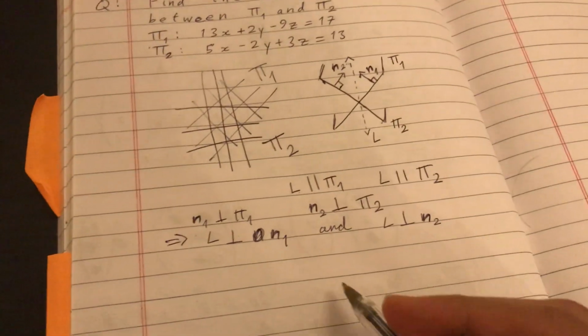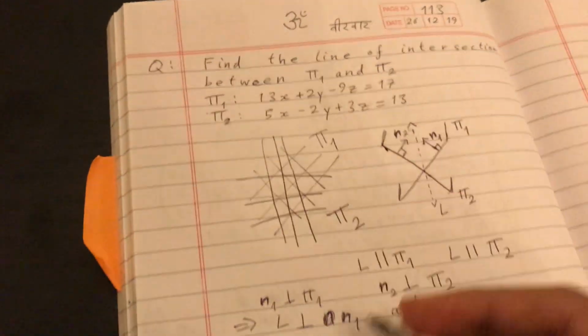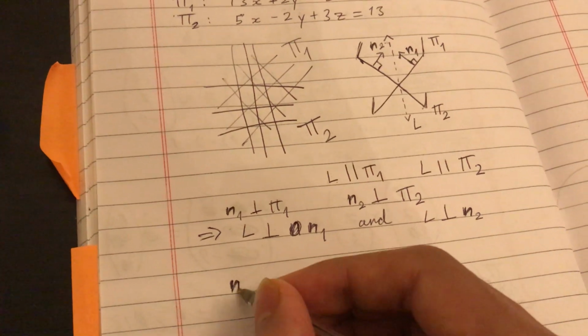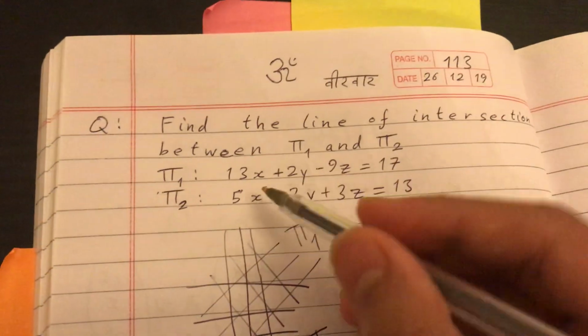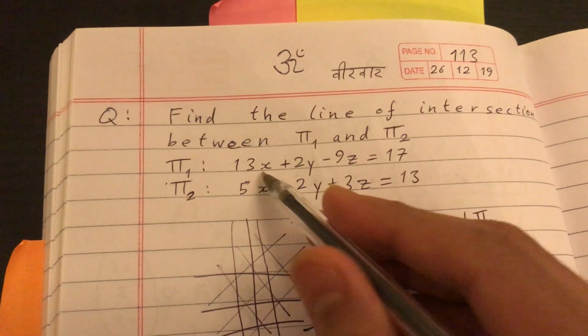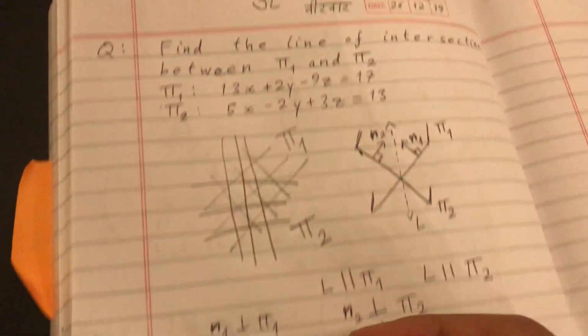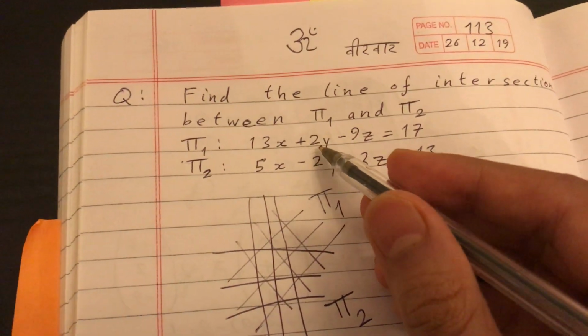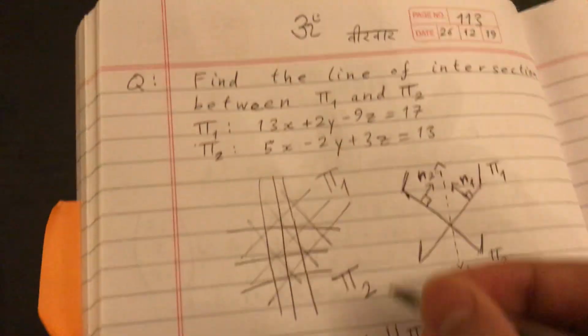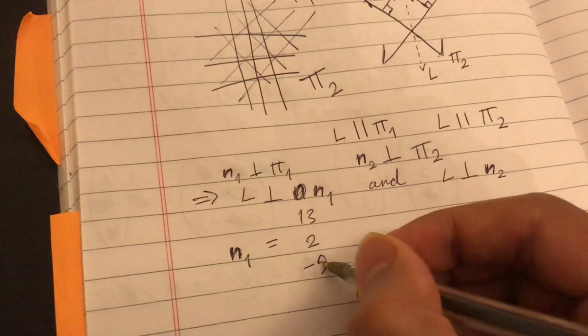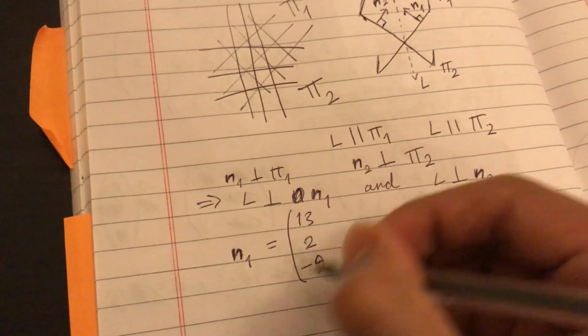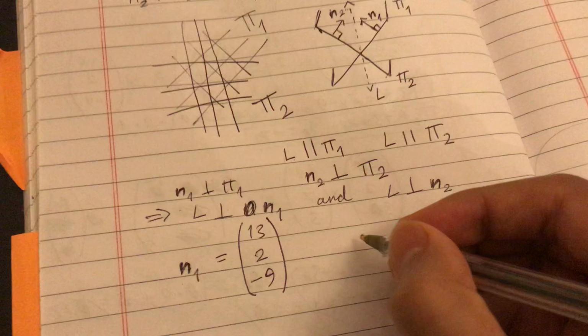Now the really cool thing is that we can see n1 and n2 easily from the equations. Just from looking at pi 1, n1 equals 13i plus 2j plus minus 9k, and I'm writing it in this visual form, which I prefer to the unit vector notation.